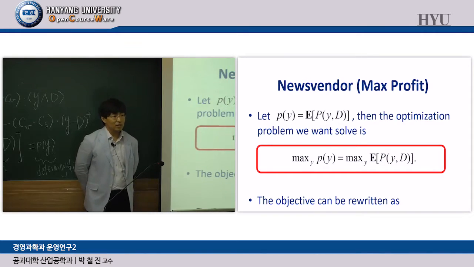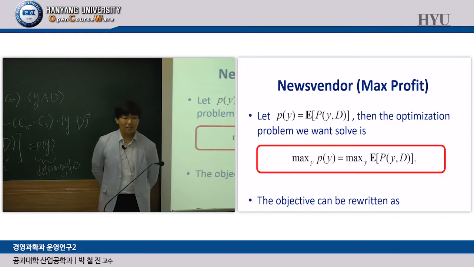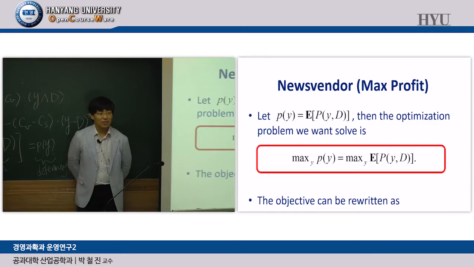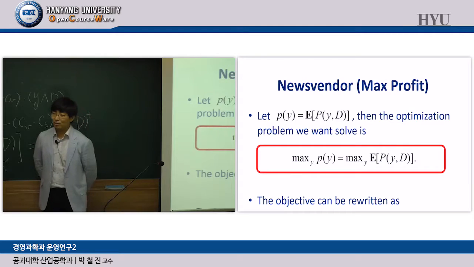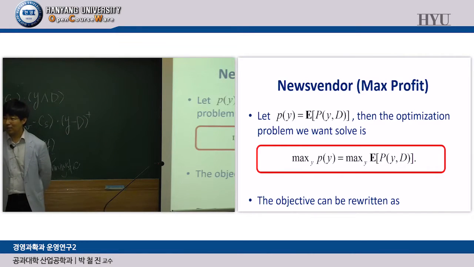For a twice differentiable function, how to find the local and global minimum or maximum? Is there any constraint? No constraint. So in calculus courses, you already learned how to find it, right?